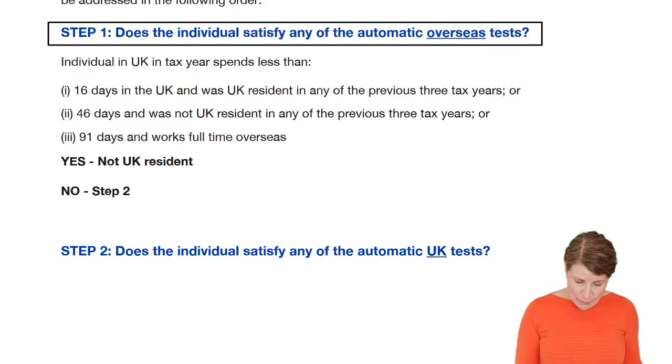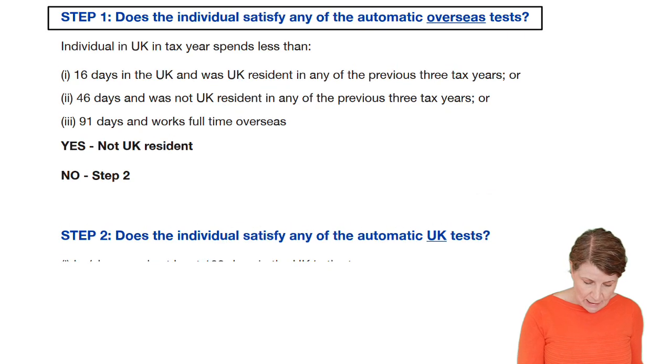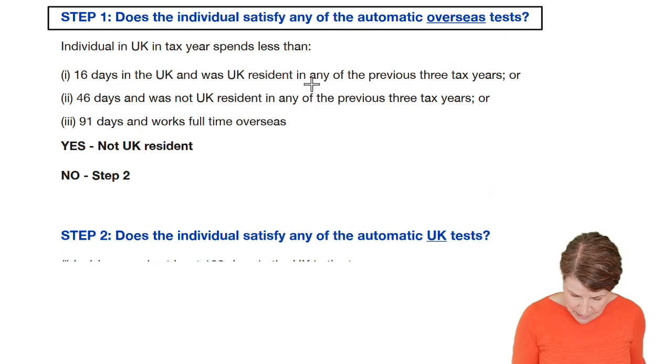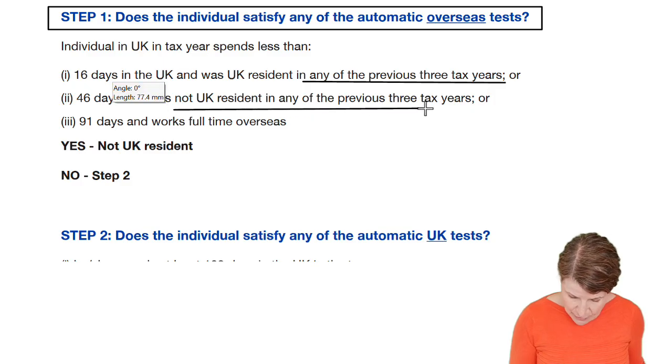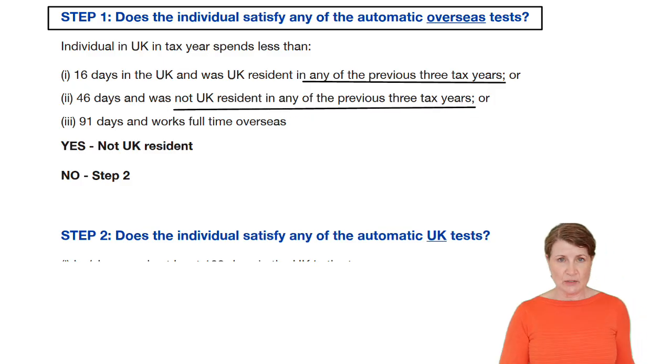So the first thing that we would look at potentially is whether the individual has been resident in the UK for any of the 3 previous tax years. Now, if you have been resident in the UK for any of the 3 previous tax years, obviously we're dealing with determining residence for the tax year 2025-26. So previous 3 years, were you resident in the UK, yes or no?